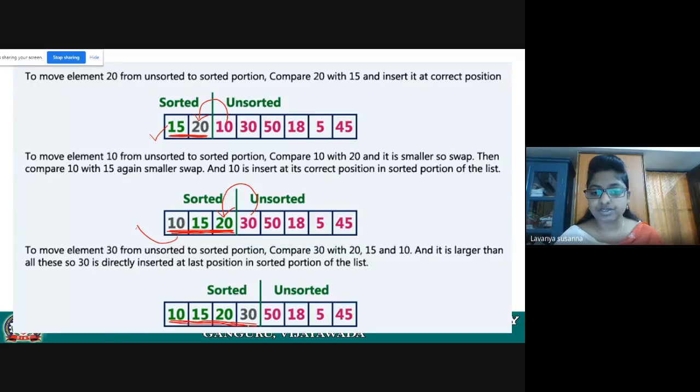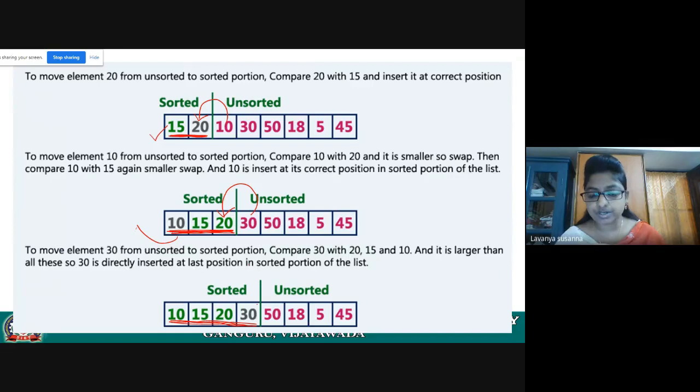I hope you understood. In insertion sort, you need to insert one element into the sorted list one by one. After inserting the element into the sorted list, you need to arrange the elements in ascending order. Which elements? The elements present inside the sorted list only.